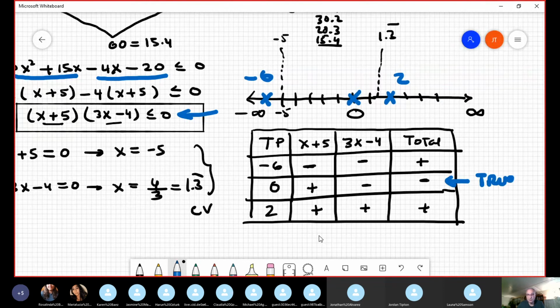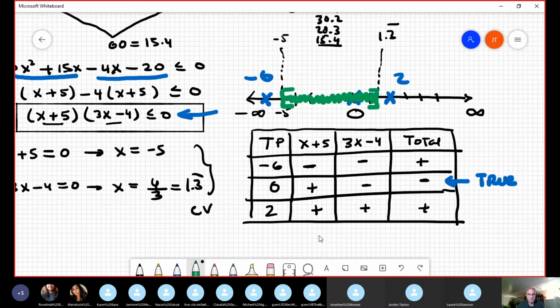Therefore, you highlight this interval. Because negative 6 failed the test. 2 failed. The only one that passed was 0. And 0 and any other value inside the interval can have the same behavior. This is equal, therefore the endpoint is included inside the solution. So in other words, the critical value belongs to the solution.